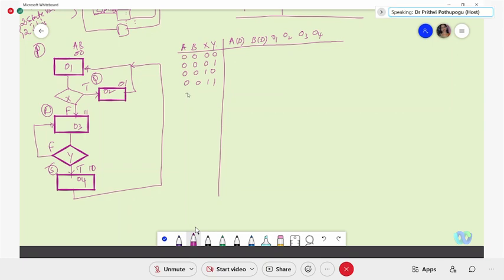And 0, 1, here in this path, both x and y are not tested, but still we need to define what will be the new value of AB if x and y are 0, 0, 0, 1, 1, 0, 1, 1. Same way, if you take 1, 0, in this path neither x nor y is getting tested, but still we need to define.